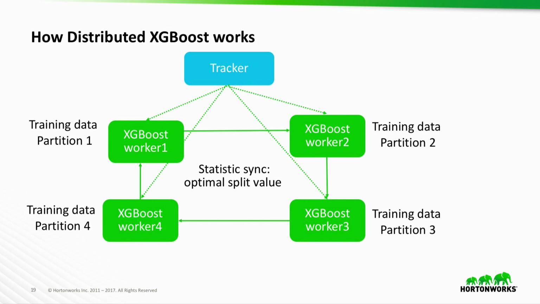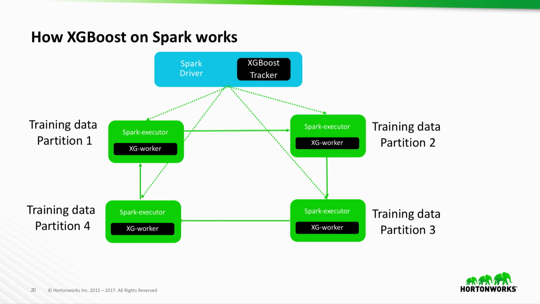After that, you can see how we integrate Spark with distributed XGBoost. The first thing is we need to start the XGBoost tracker at the Spark driver side. You can see the XGBoost driver here; it should be on the same machine as the Spark driver.